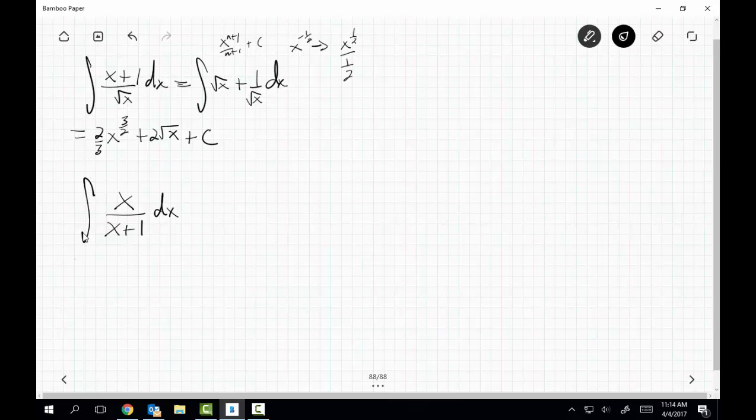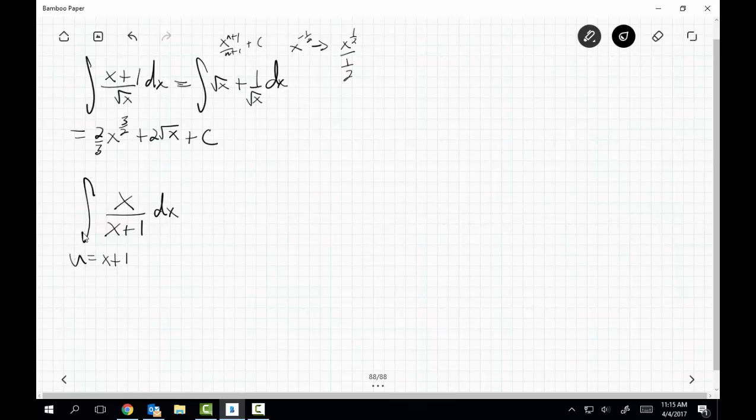That doesn't work. However, I'm going to do a trick. Let u equal the trouble. In this case, the trouble is x plus 1, because it's in the denominator. There's nothing algebraic I can do to this to make it simple right now. I reckon I could long divide this, but that would be awful. Let's see if we can make it simpler quicker.